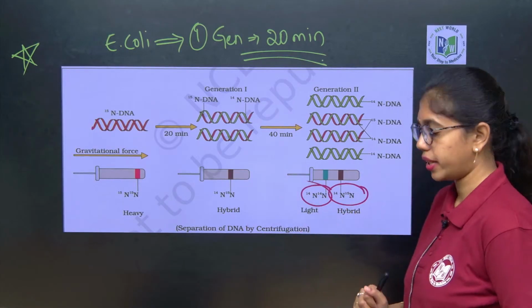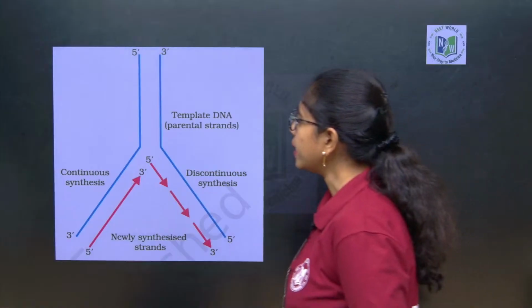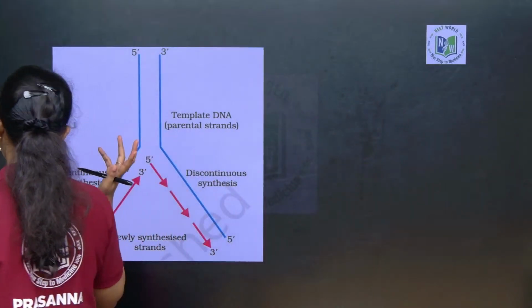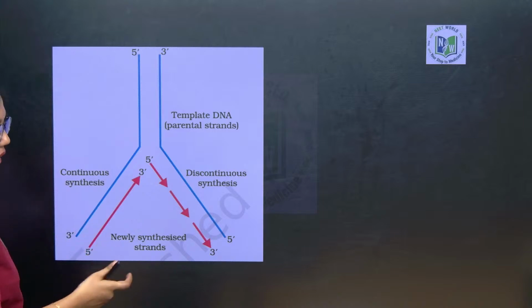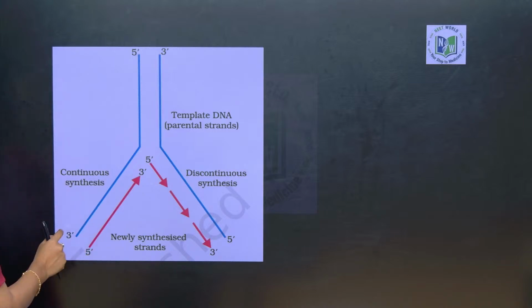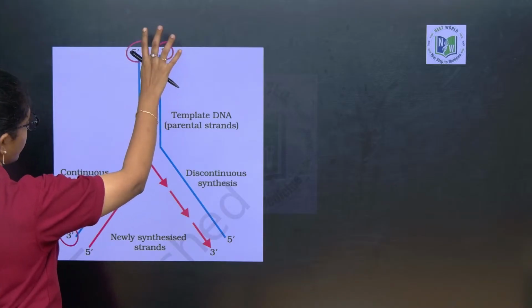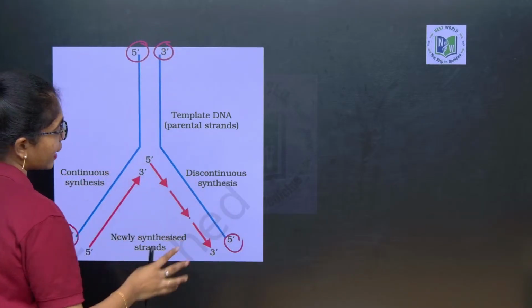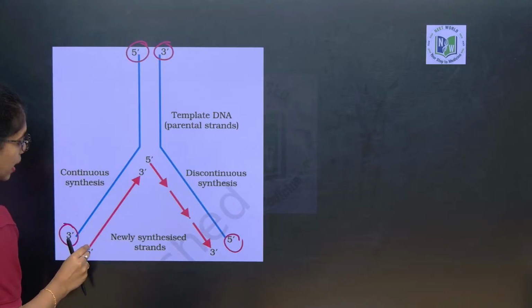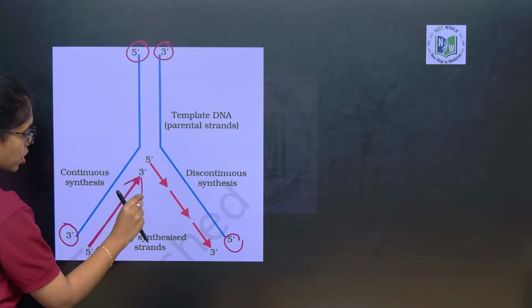Once go through it. And then this is the semi-conservative and semi-discontinuous DNA replication, wherein one is from 3 prime to 5 prime, another is from 5 prime to 3 prime, wherein both the strands are acting like parental strands. Leading strand is towards the replication fork.